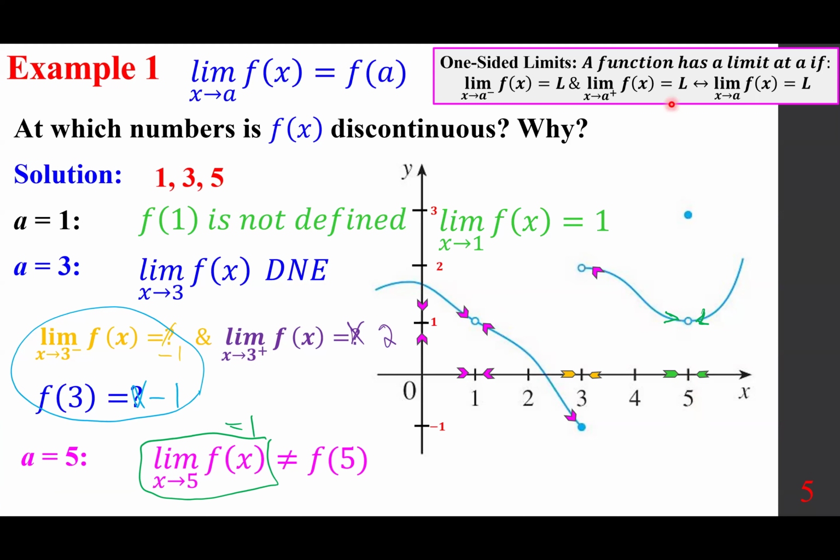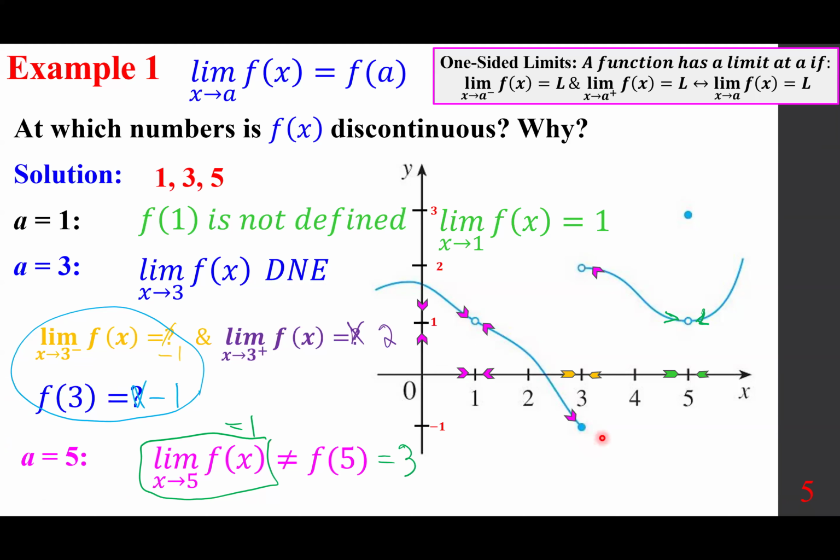What about f of 5? You look for a solid point. f of 5 equals 3. So they are different. It fails to be continuous at this point. So to recap, it's discontinuous at 1 because we don't have f of 1. f of 1 is not defined.